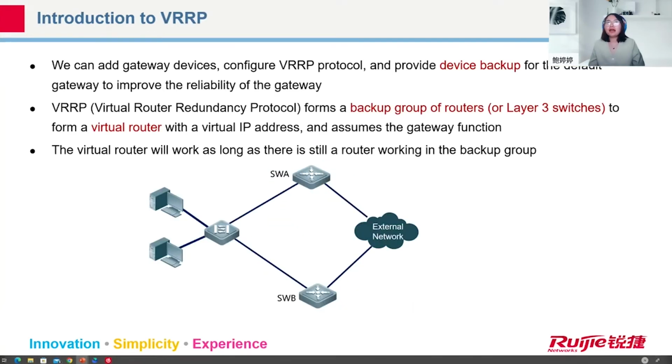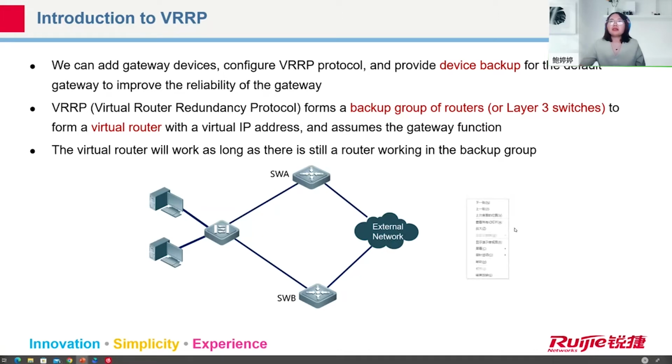If we deploy VRRP in our network, we provide a virtual router, and about this virtual router, there is a group. For example, in this topology we also have the PC, but we have two switches, A and B. Pay attention: if they configure IP addresses, the addresses cannot be the same, right? Otherwise, there is a conflict.